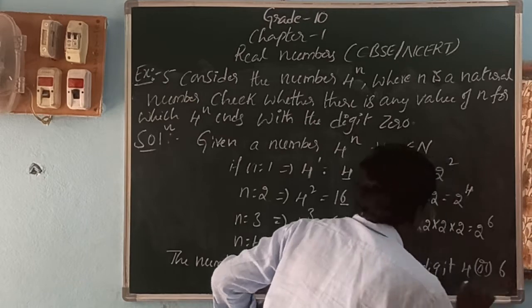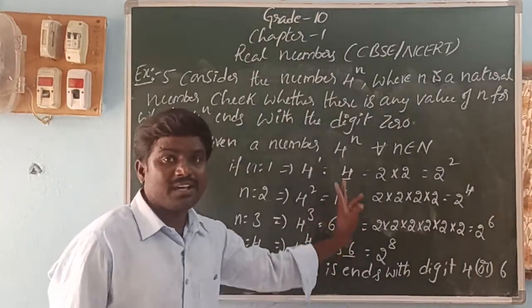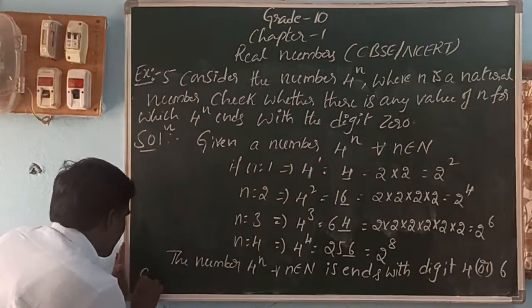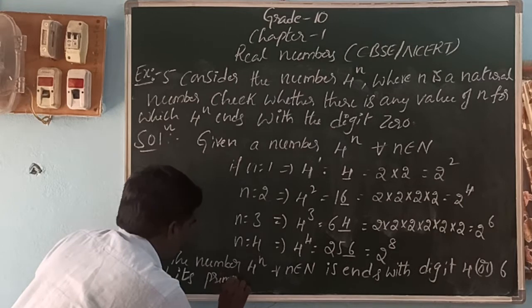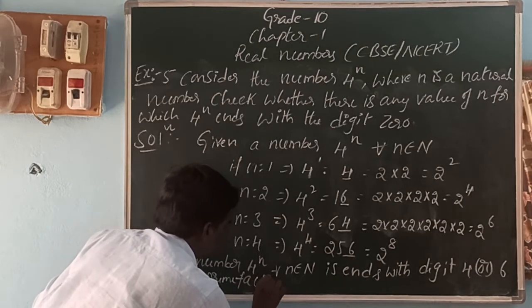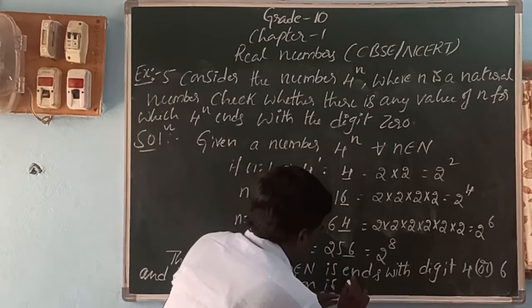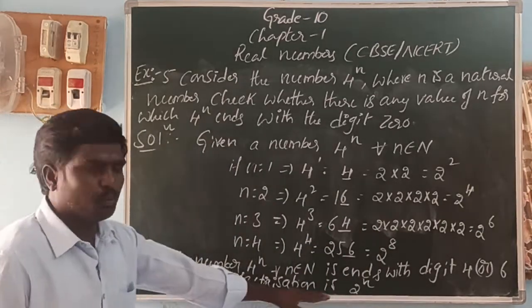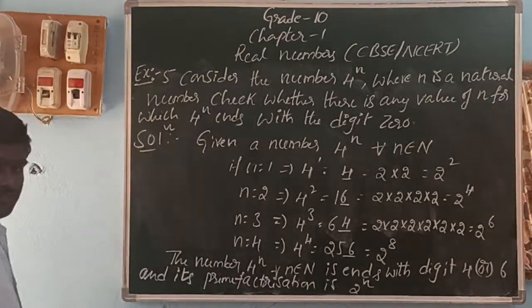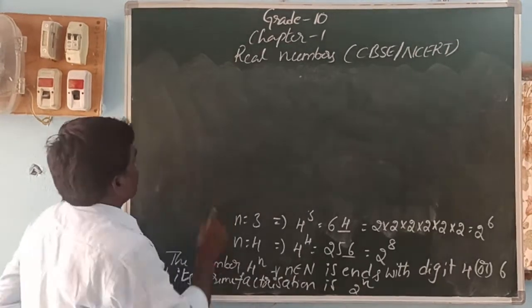For any natural number n, the number 4 power n ends with the digit 4 or 6, and its prime factorization is only 2. Its prime factorization is 2 power n.